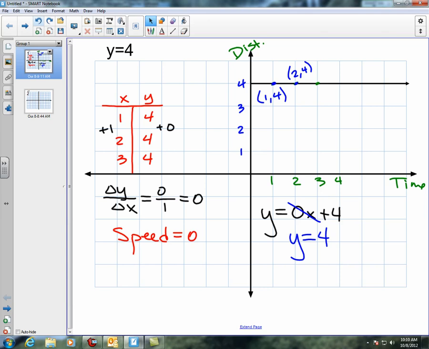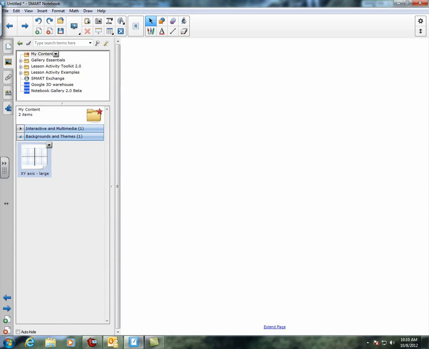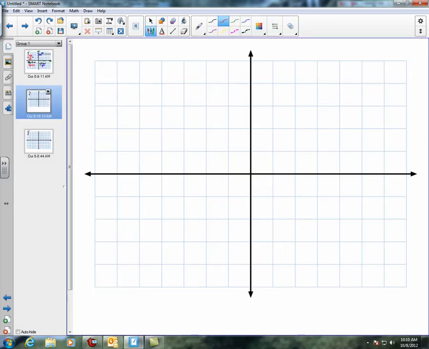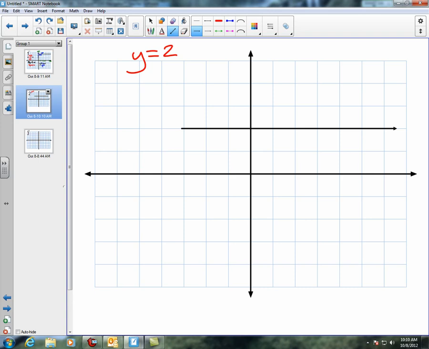So if you see any equation that looks like y equals a number, then you can know that that is a horizontal line. For example, y equals 2 is going to be a flat, horizontal line at the place where y equals 2. And again, that represents somebody standing still, not moving, a speed of 0.